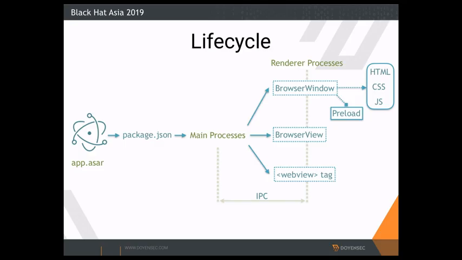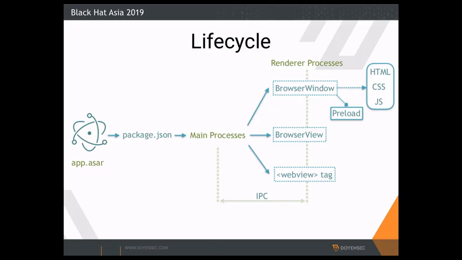And the way Electron works is by inspecting those packages, looking for a package.json manifest file, which will determine the main process. So the first process that's executed by the framework. And when you build the main process, as a developer, you're supposed to create a render process. So processes that will actually contain the actual web content.